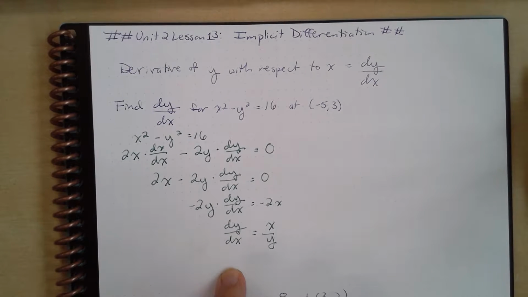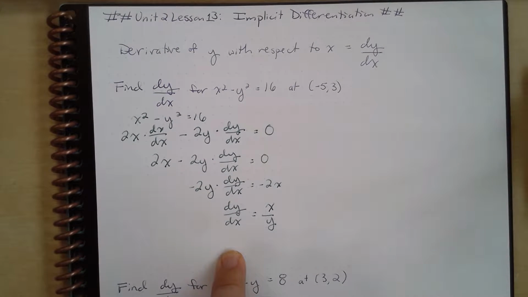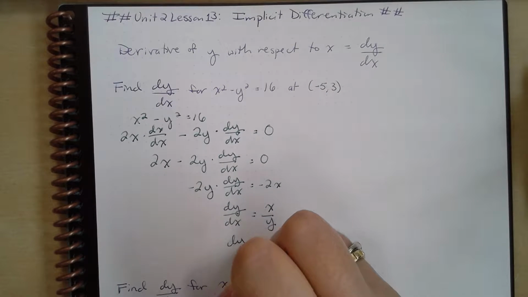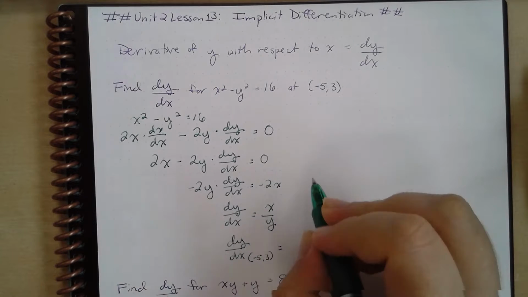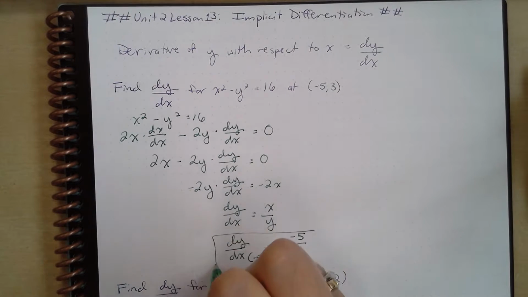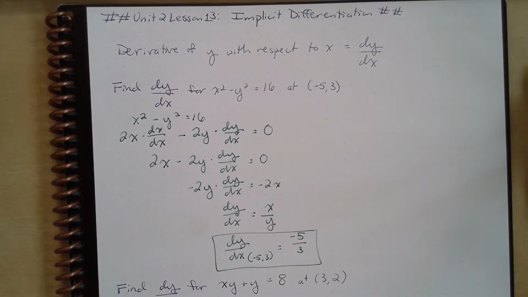That's the actual derivative. Now, we were asked to find this at negative 5, 3, so we're going to do that now. dy over dx at negative 5, 3 is equal to negative 5 over 3. And this is it. We found our final answer.